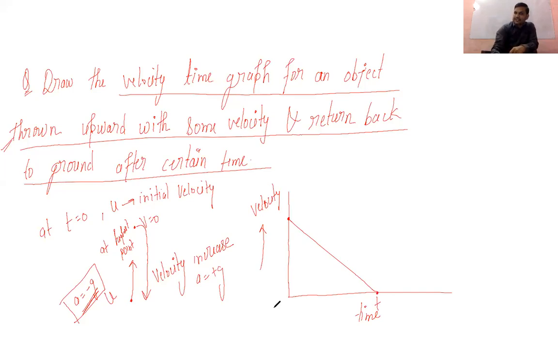Here the velocity becomes 0, and here the velocity is equal to u. Now it will come back to the ground, and the graph will be like this. Here you can mention a is equal to minus g, and here a is equal to plus g.